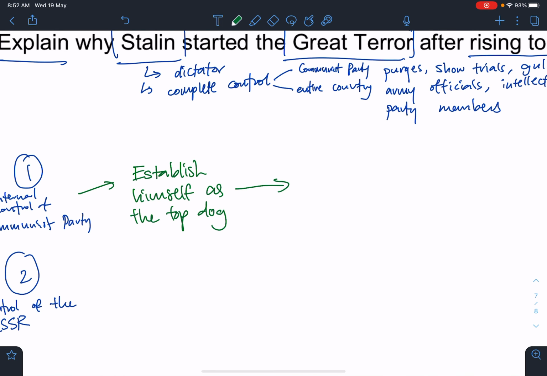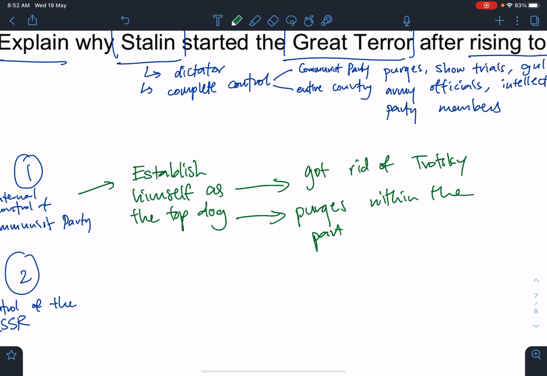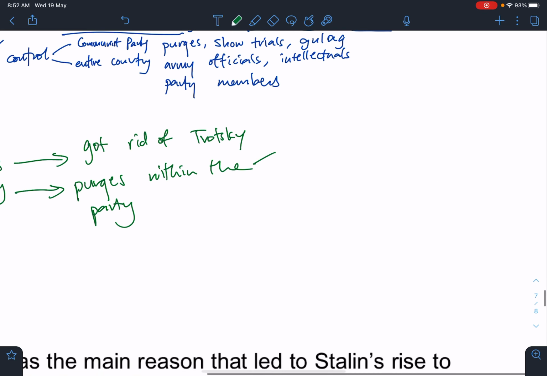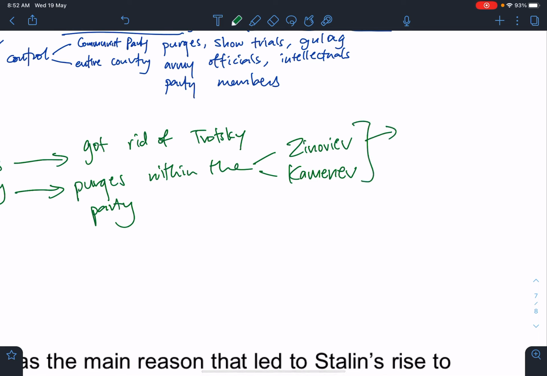Okay, so who did he need to get rid of? Okay, firstly, you can say he got rid of Trotsky. Okay, you can talk about the purges within the party. Okay, some good examples would be Zinoviev, Kamenev. Okay, how he got rid of them. And what does all these do?